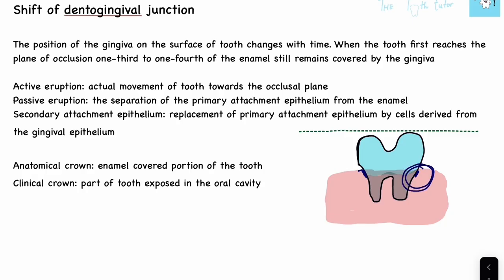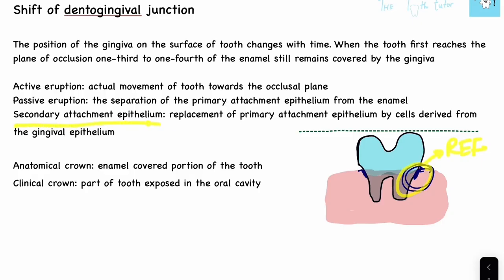But now it will change its structure, and gingival cells will replace it. So this will be derived from the replacement of the primary attachment epithelium by the cells derived from the gingival epithelium. If you go back, this primary attachment epithelium was derived from the enamel organ, from the reduced enamel epithelium.